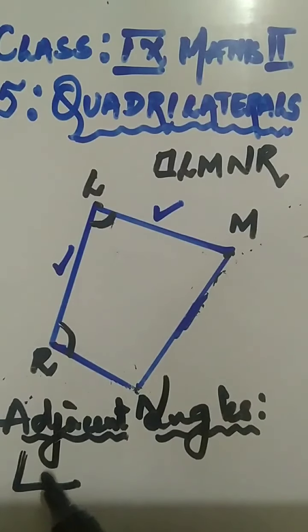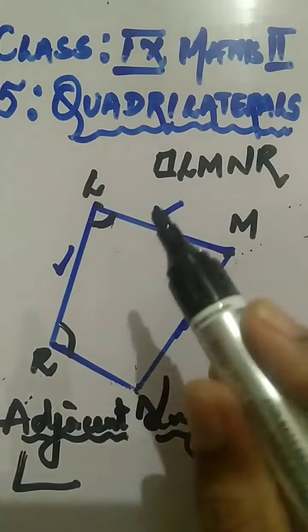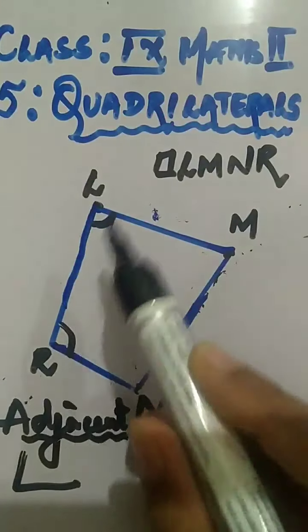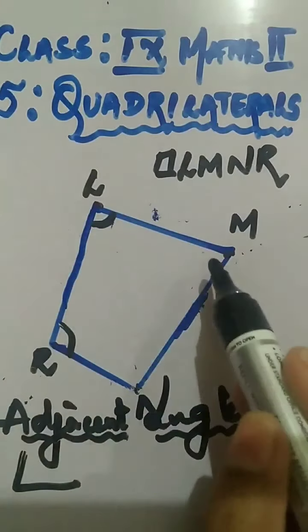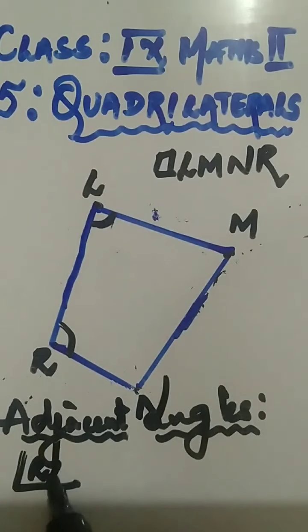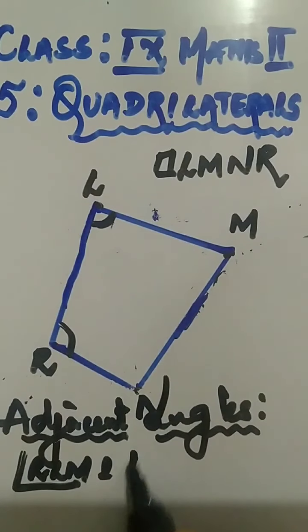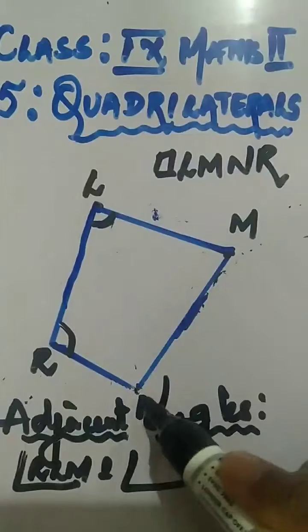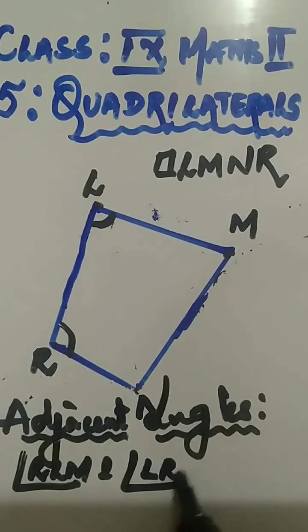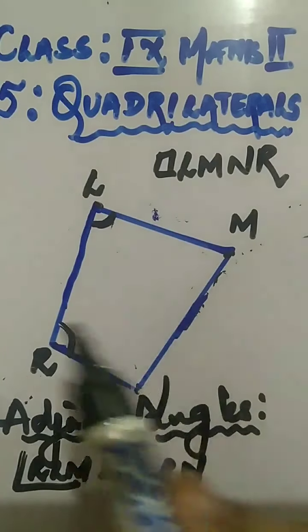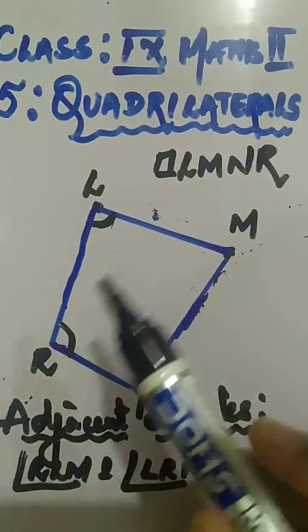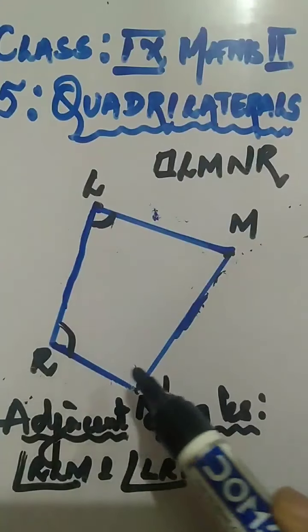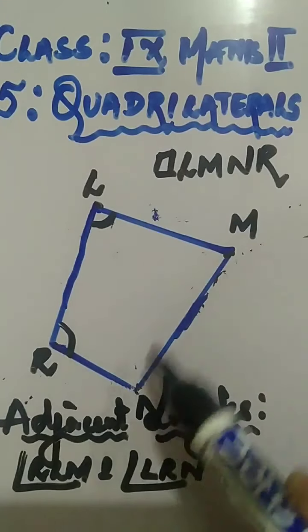One letter name you can form, or three letter names. You can write these two adjacent angles: angle RLM and angle LRN. Both are adjacent angles. Similarly, you can also write LRN and RNM.